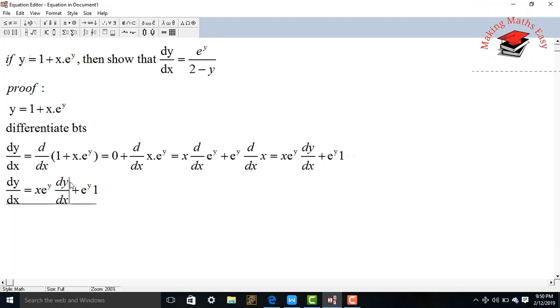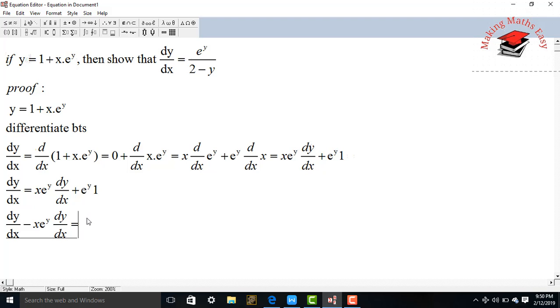So this dy by dx term will go on the left hand side in such cases. So write dy by dx as it is, and minus, because this is positive, if it goes to the left hand side it will become negative. So I am shifting it towards the left hand side and it has become negative, which is equal to e raised to y.